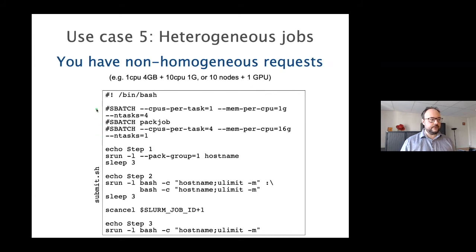This will request 4 tasks with 1 CPU per task and 1 GB per CPU, and 1 task with 4 CPUs per task and 16 GB per CPU. And then here is an example of what you can do to check that it has been organized like this. With srun, you can direct your program to a specific, what they call a pack group. So this is one pack group and this is the other.